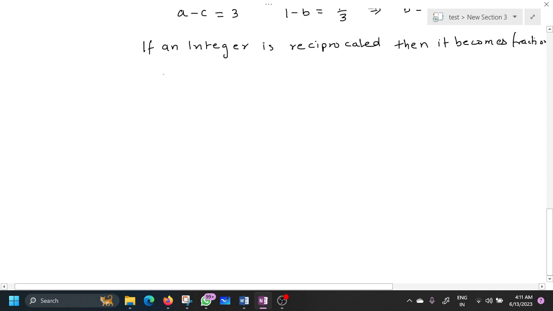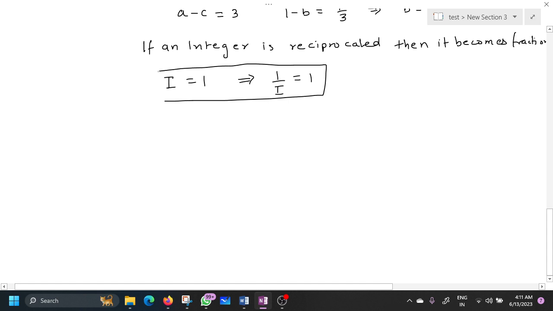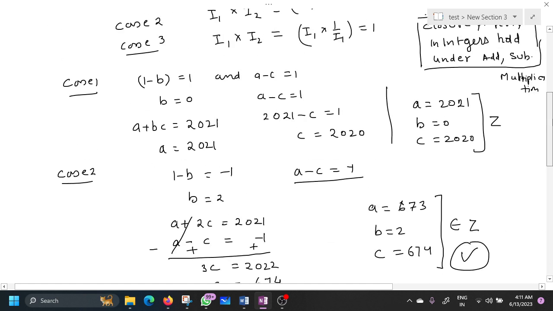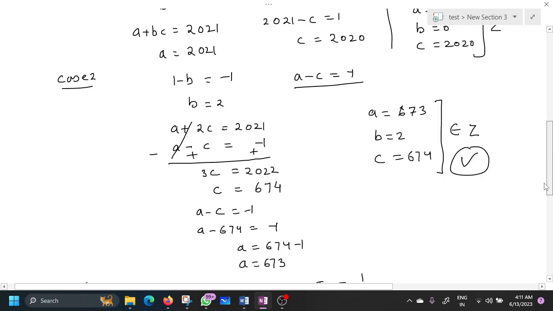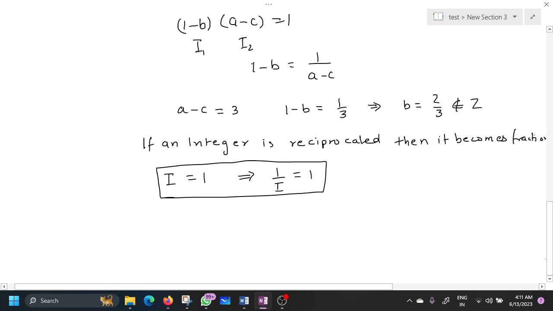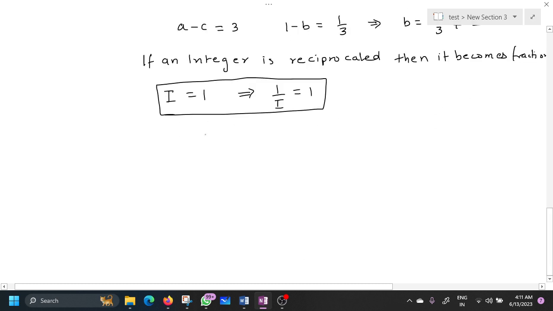So why this happens? There is only one case in which this thing does not happen, and that case is if you take an integer I is equal to 1. If you reciprocal that integer, 1 by I, then also you get 1. So this is an exception, but we have already talked about this exception here. In case 1, we have taken the integer I1 and I2 as 1. So we need to find out more solutions of I1 and I2 other than 1.